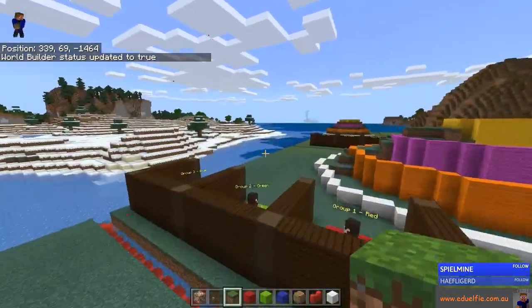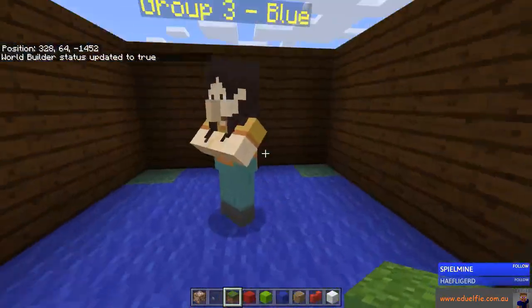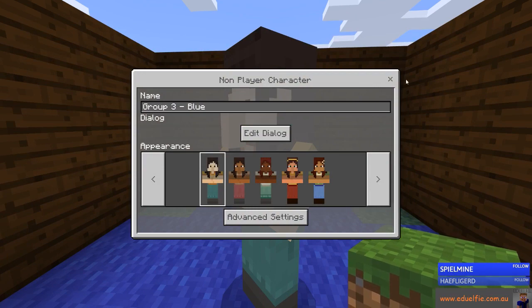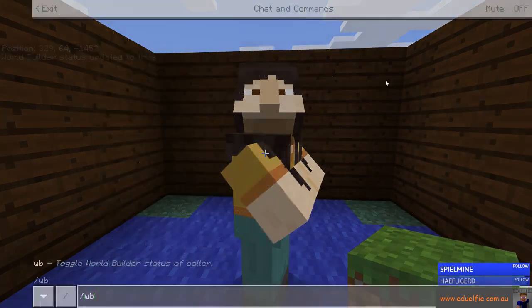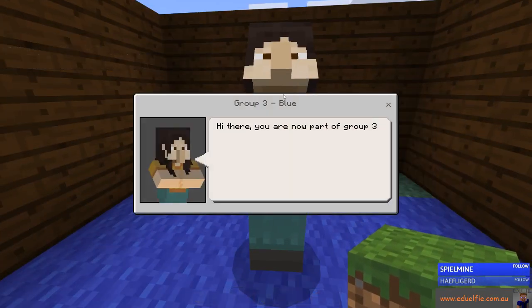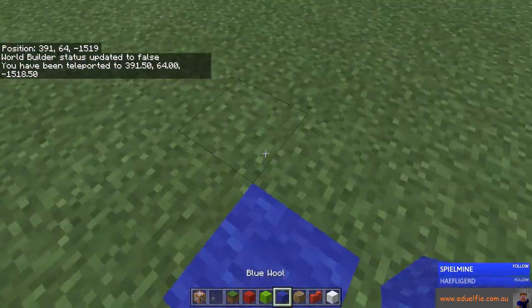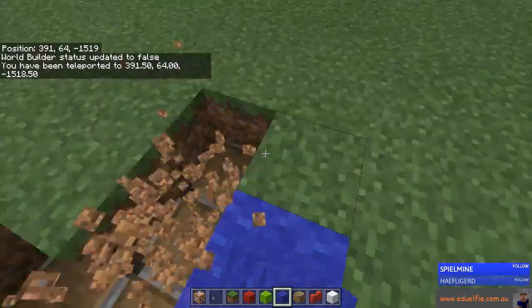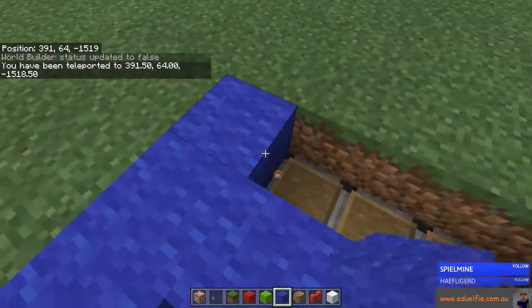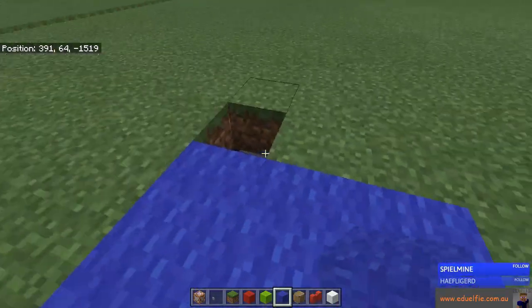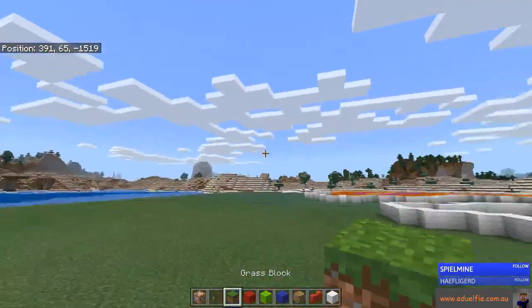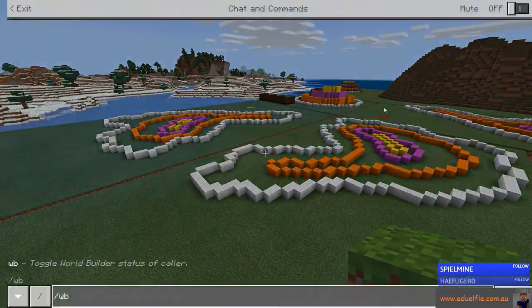Go do the blue one. Wish you could just hit pretend I'm a student. Actually, I should put that in as a request. Because swapping between world builder and not world builder to do that is frustrating to say the least.